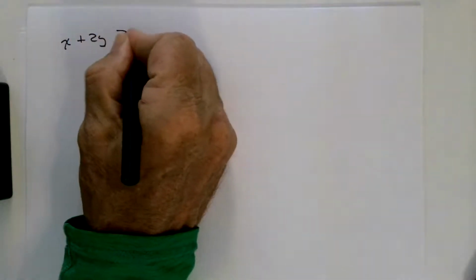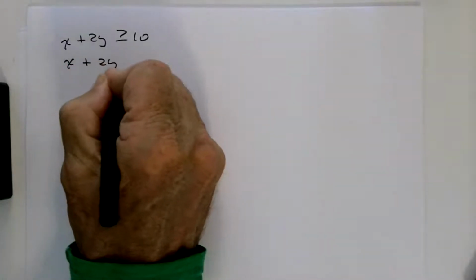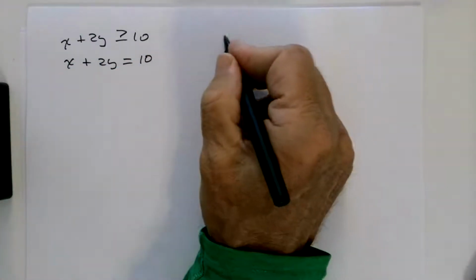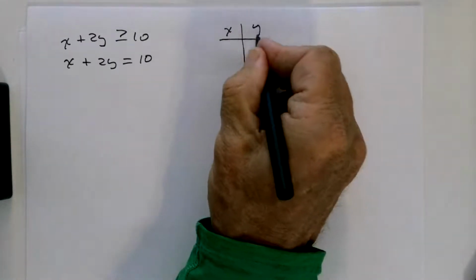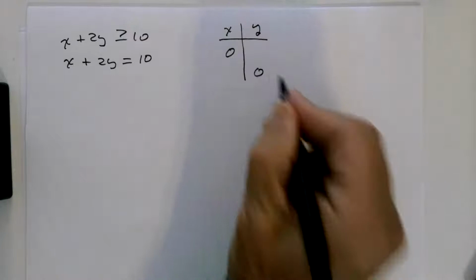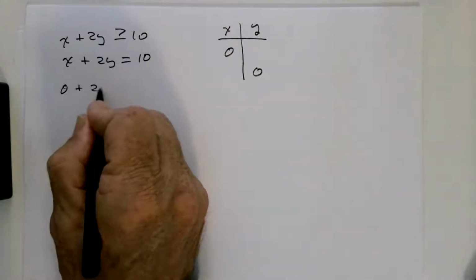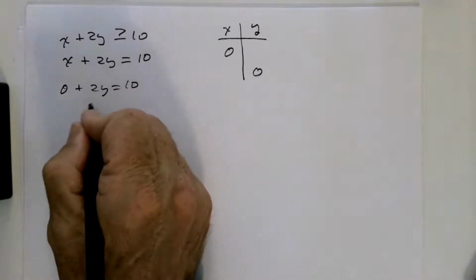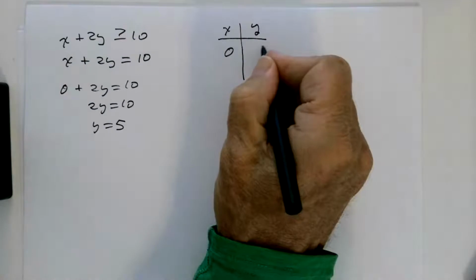And again, we solve it first as an equation, or graph it first as an equation. X plus 2y equals 10. We look at intercepts. Here's x, here's y. X is 0, what is y? Y is 0, what is x? If x is 0, 0 plus 2y is 10, 2y is 10, and y is 5.